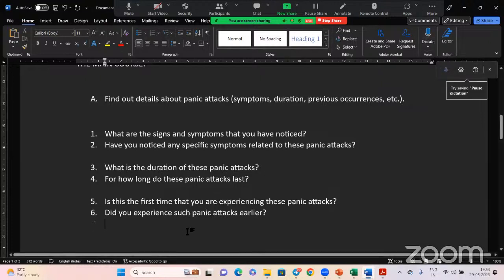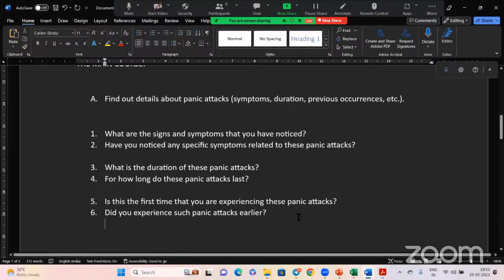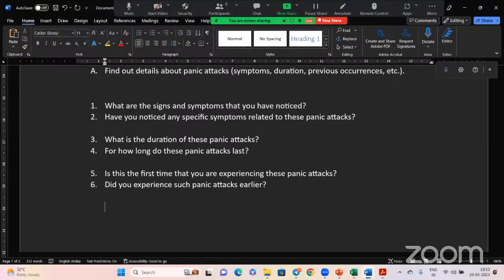So these are the questions that you can ask regarding symptoms, duration, previous occurrences. Now these three things you can join and say all these three sentences in one go.